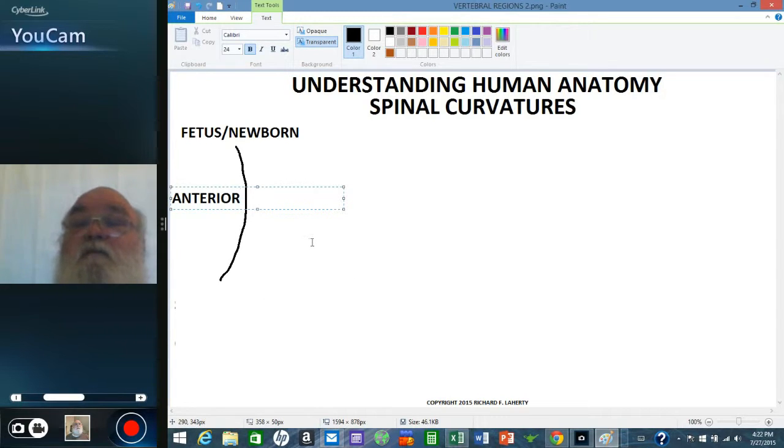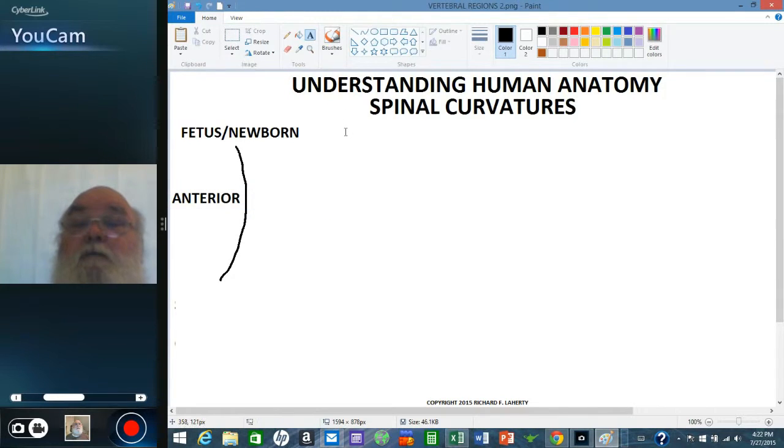And this is the primary curvature of the spine.